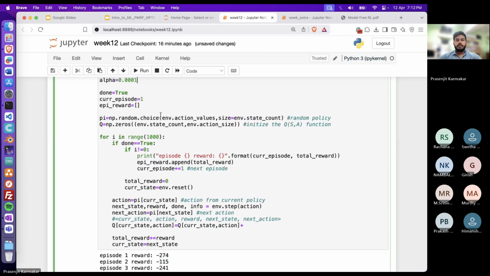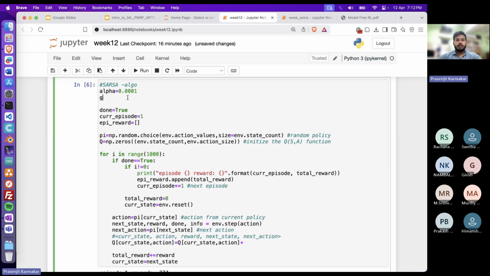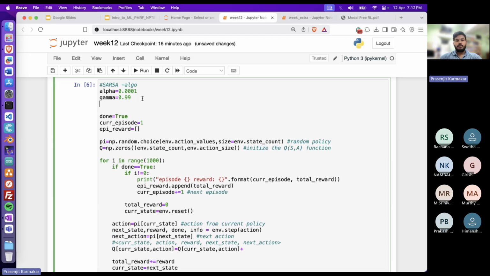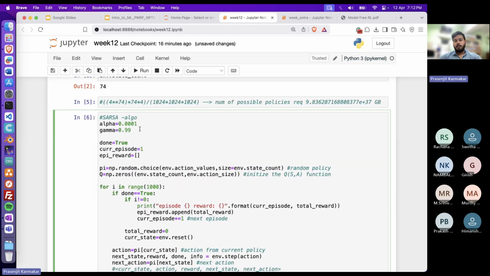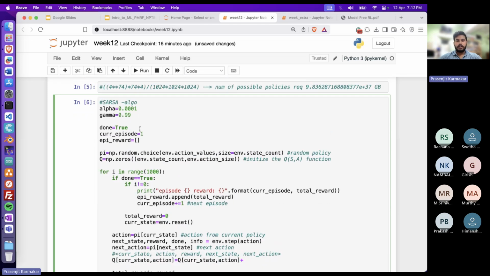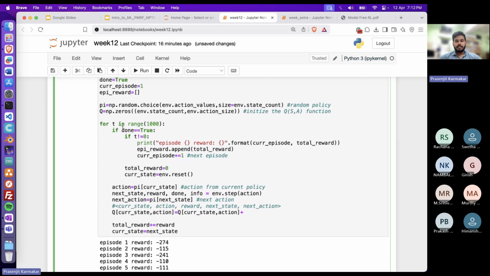This is a good standard value. Gamma is equal to 0.99, so we are seeing 100 next steps. And epsilon, we already know, would start from 1 and go to 0, 1 over t. And t is the i, so you can name it as t, time step, to make it more clear.